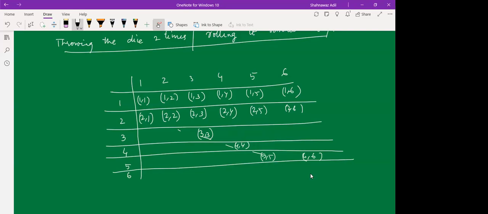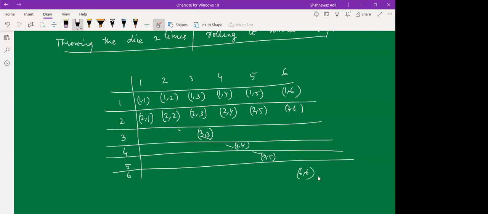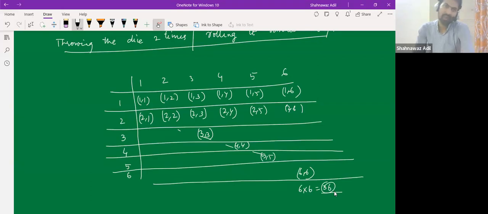Yes, we have this 6, 6. So these are the possibilities, and we have a total of 6 into 6, which is 36 possibilities. Okay. So this was for the case of dice.